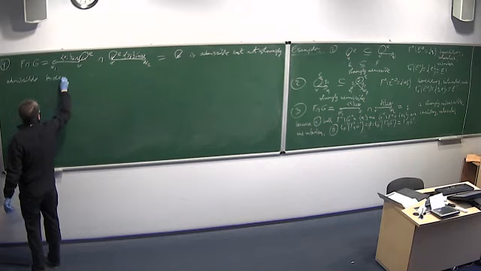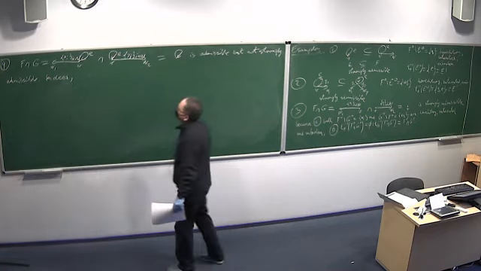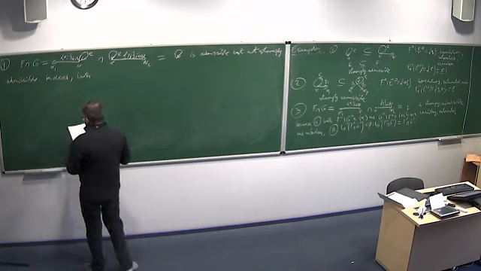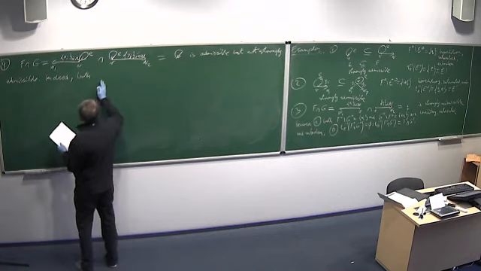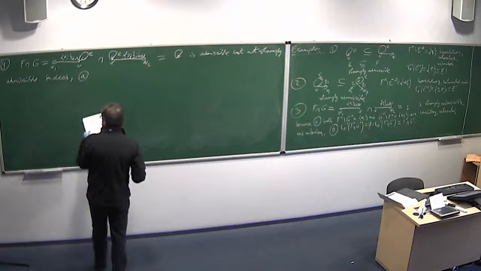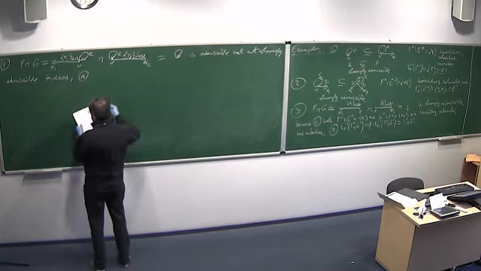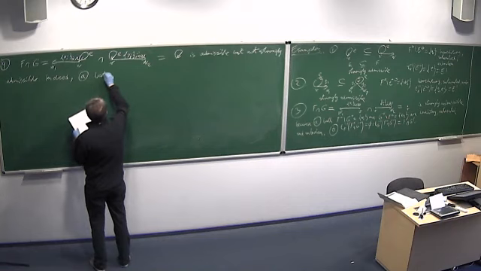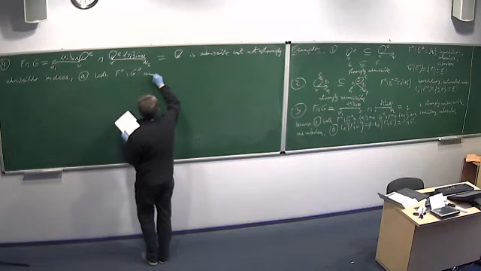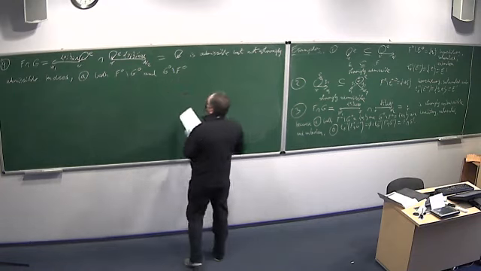Okay, let's check it. And again, here the situation is completely symmetric, so I can write both. So I have again two reasons, right? A. Both F naught minus G naught and G naught minus F naught are hereditary and saturated.